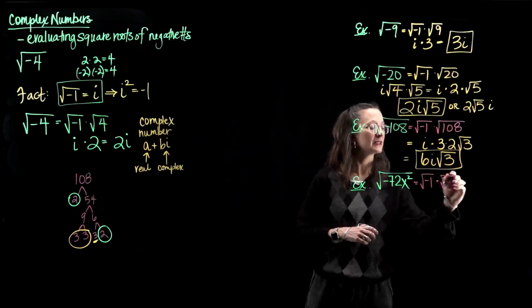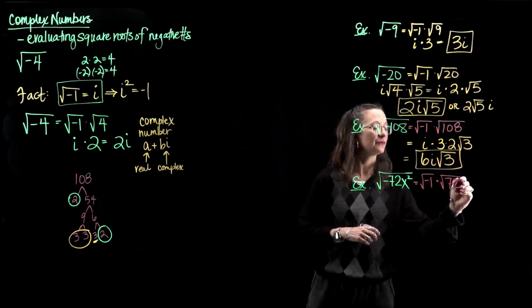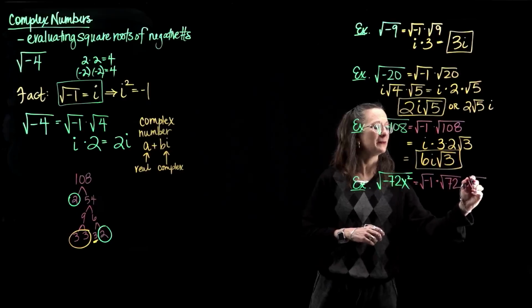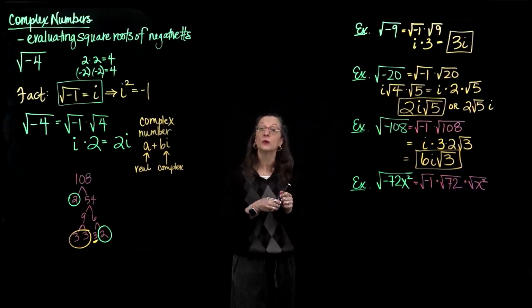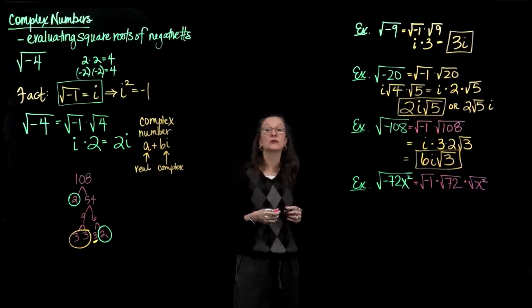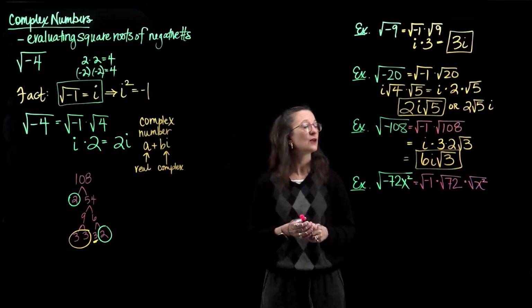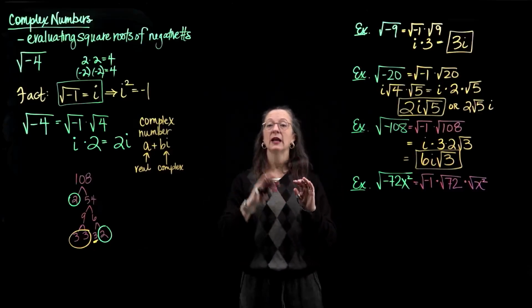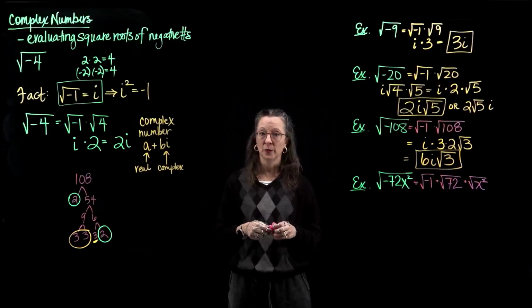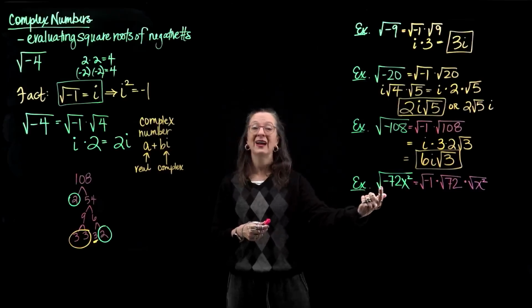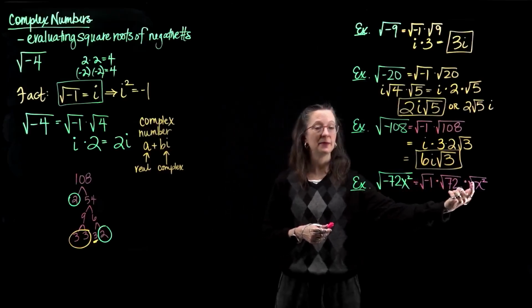This is multiplied by the square root of 72, which is multiplied by the square root of x squared. Now remember, when we were evaluating square roots that involved variables, we rewrote it as the square root of the number part times the square root of the variable part. Because there's a negative, now it's in 3 pieces.